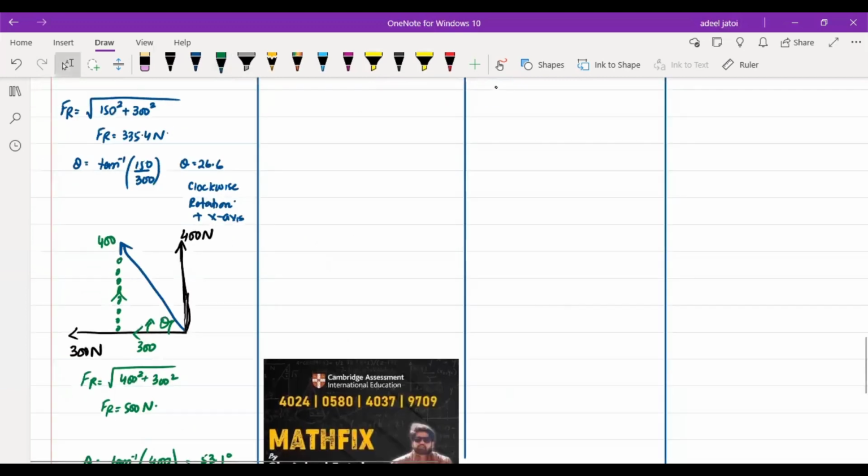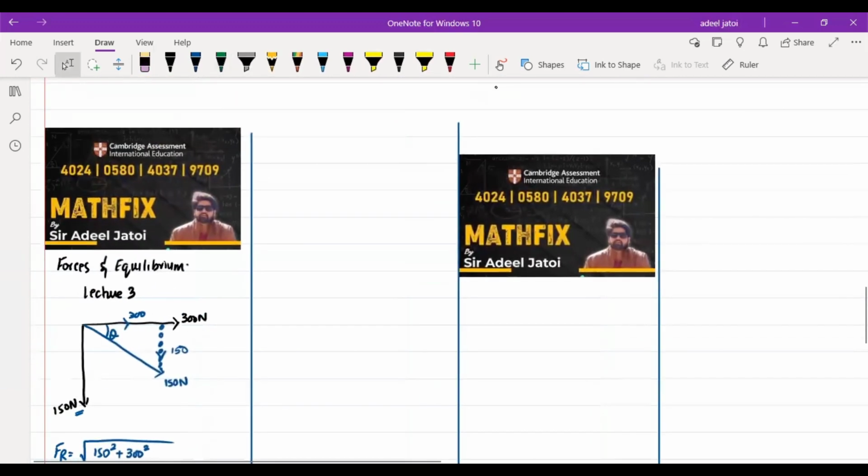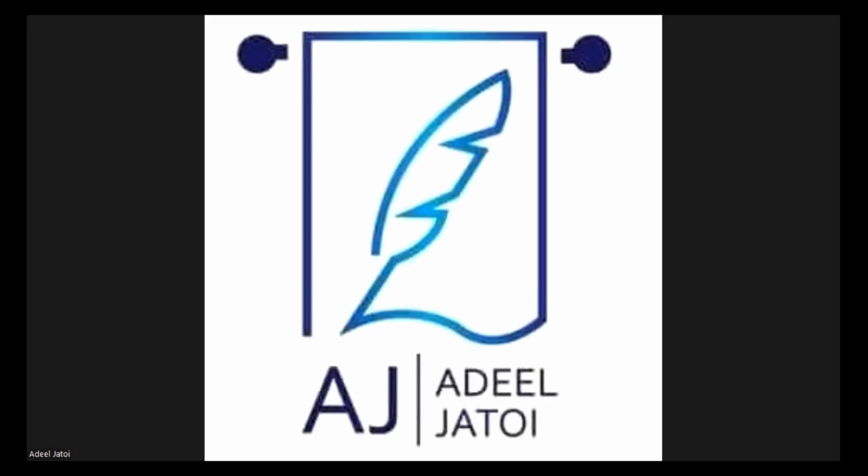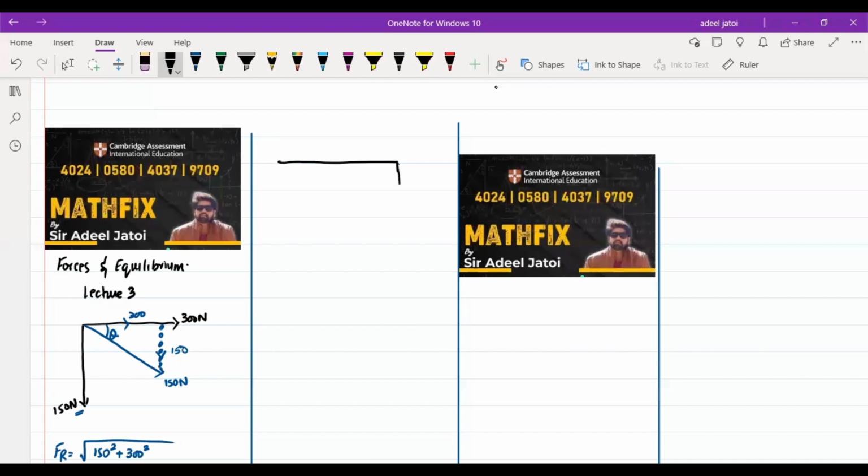Similarly, on the other hand, what you need to understand is that if you have a force of 200 and going down, let's say this is 500 Newton and this is 200 Newton.